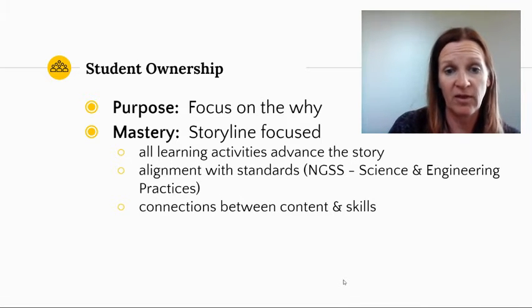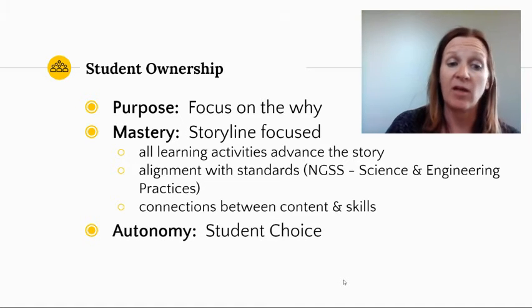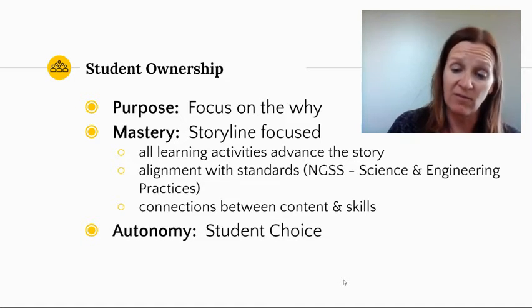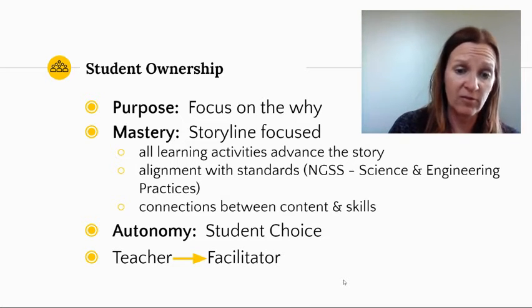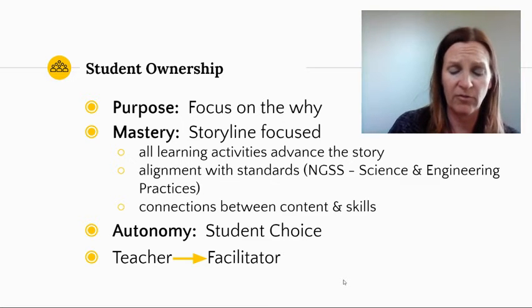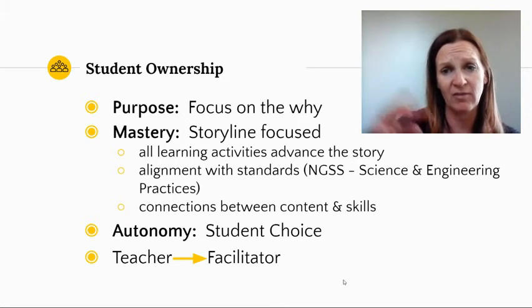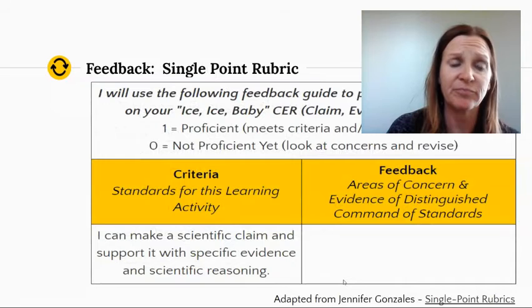Every single thing that they engage in, the purpose is to advance that story and their understanding of the story. Autonomy is really important, so I try to give kids as much choice as I can. And then I think of myself and Mr. Lohndorf more as facilitators of learning rather than the teacher and the holder of the knowledge. We're working together to help kids figure things out.